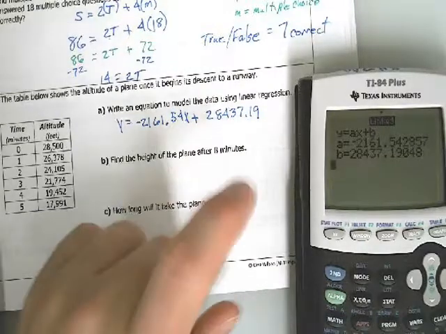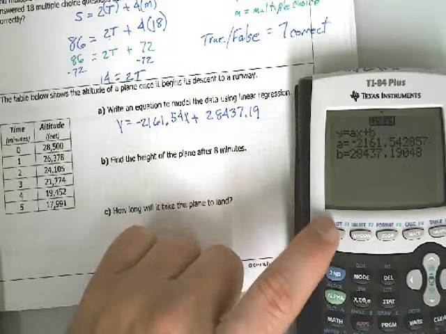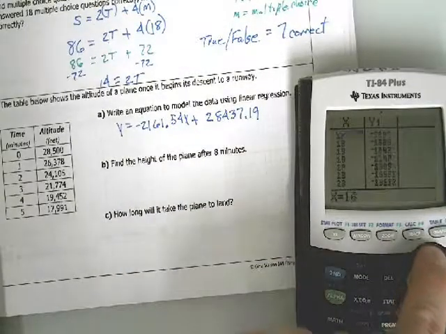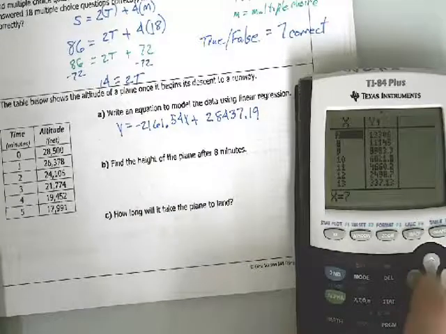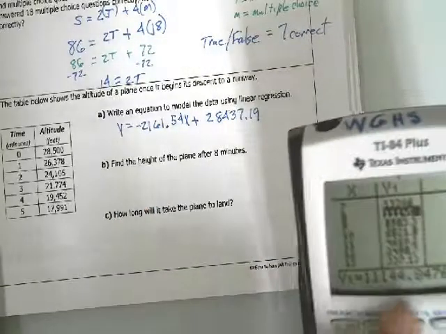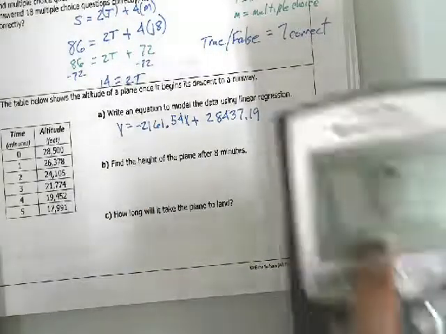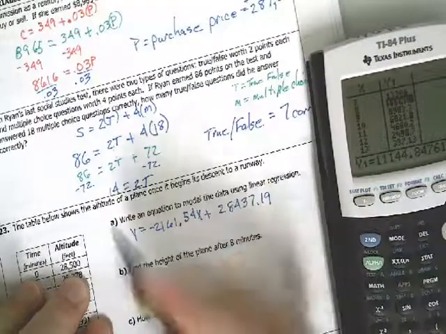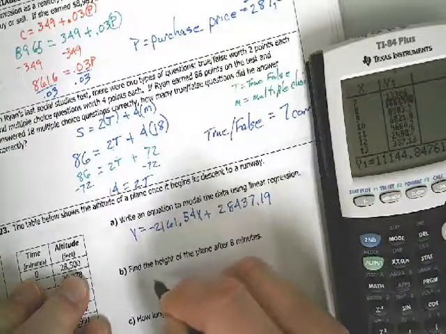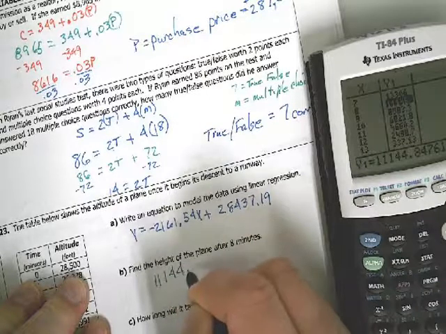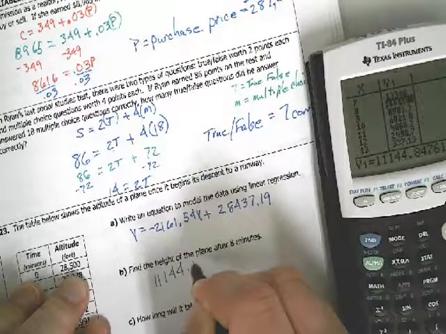But since I've already programmed it in the calculator, I am just going to hit second graph and look at 8 on my X table, and at 8 it's 11,145. If you look down here, it's not rounded. The table is rounded, but you can read the exact number below. So 11,144.85 at 8 minutes.